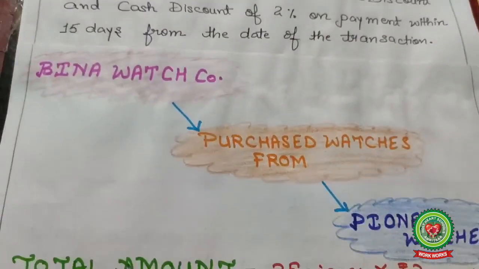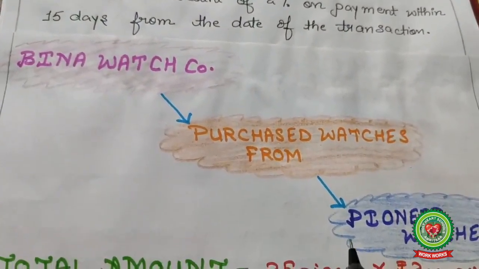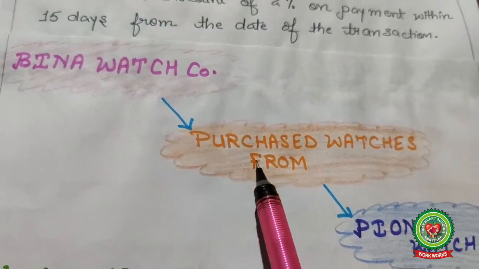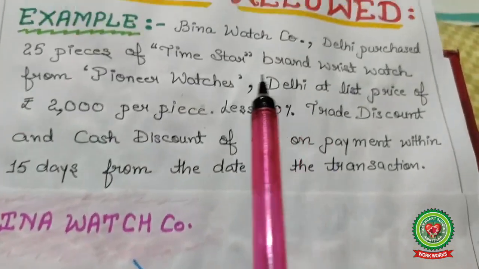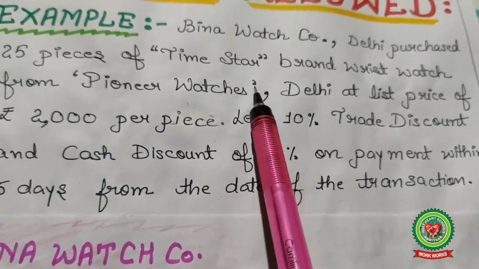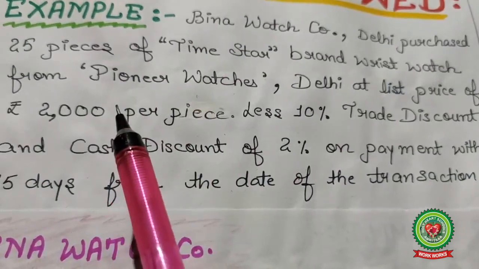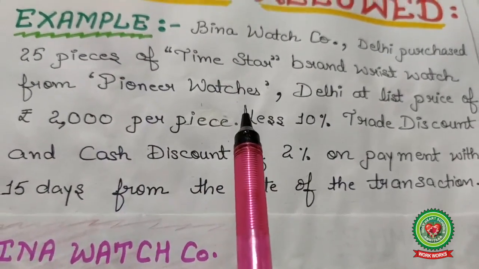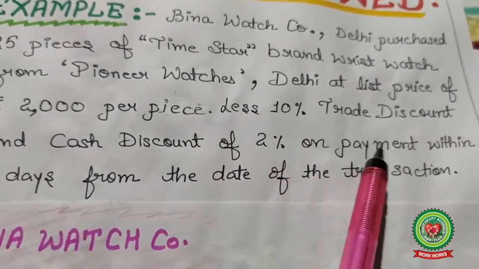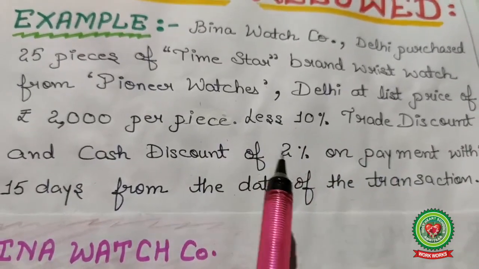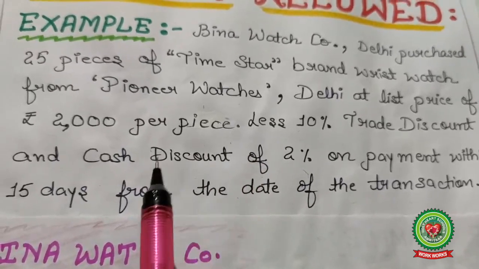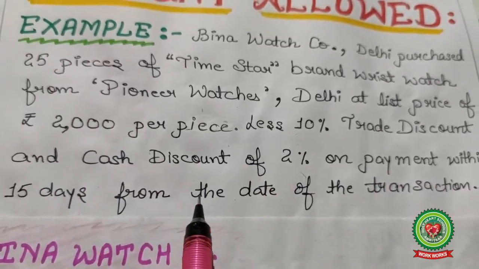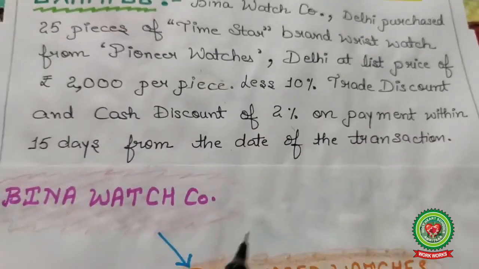So here two parties are available, Bina and Pioneer. Bina Watch Company purchased watches from Pioneer, the watches are called Time Start, at rupees 2000 per piece, and two types of discount are provided here: 10% trade discount, and second, 2% cash discount if the company pays within 15 days from the date of transaction. So see the solution here.